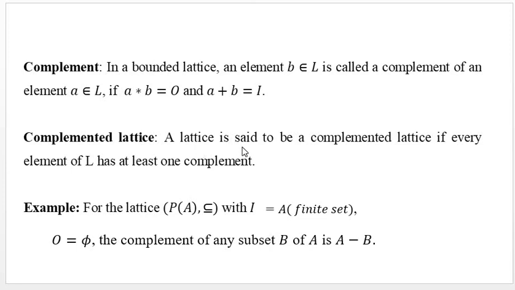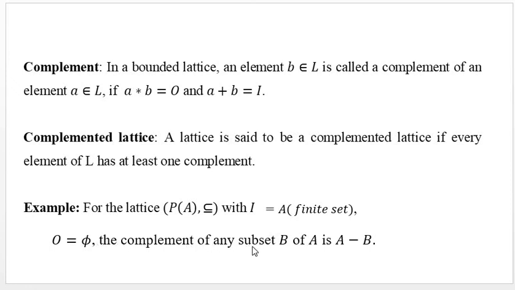A lattice is said to be a complemented lattice if every element of L has at least one complement. Example, consider the power set of A under set inclusion with 1 equal to a finite set A, 0 equal to the null set.